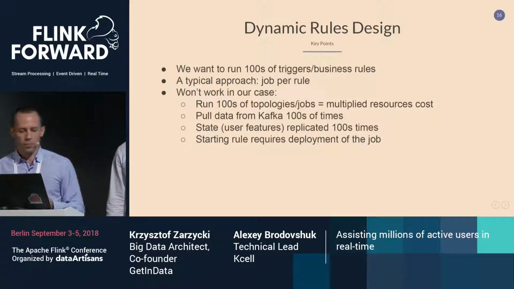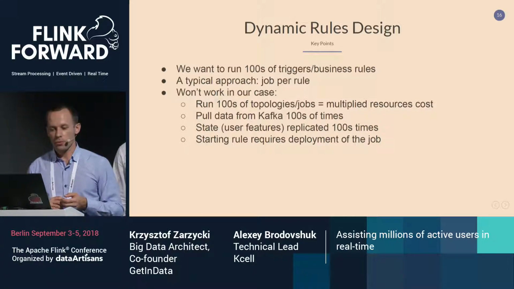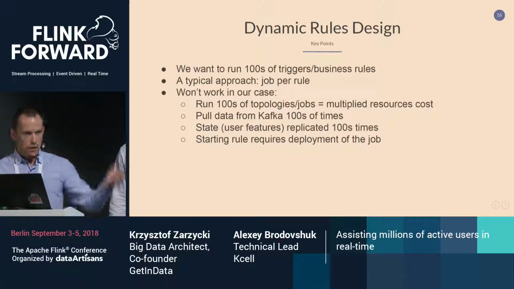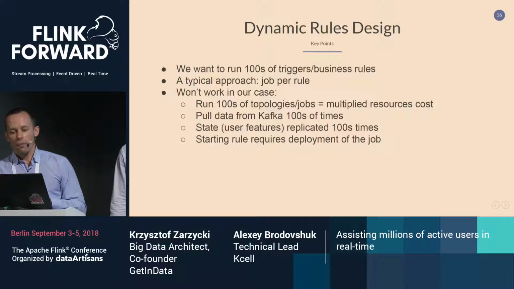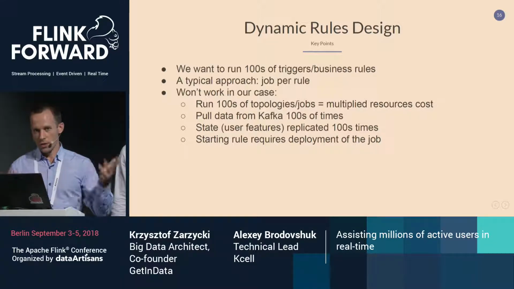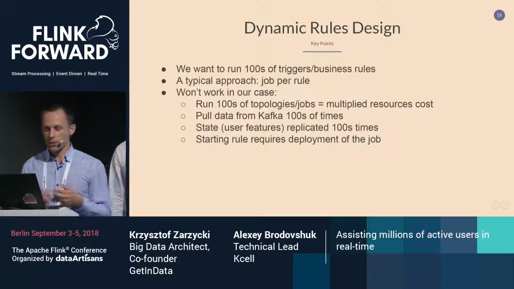So in our case, it would be job per rule or topology per rule. But that would not work in our case. We will have hundreds of topologies running on our Flink cluster or Yarn cluster, actually. And that will multiply resources cost. There is an overhead for every topology, networking, and everything.